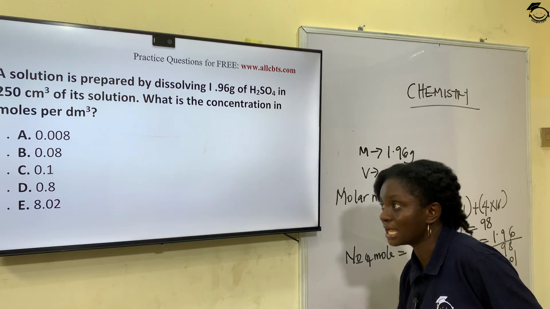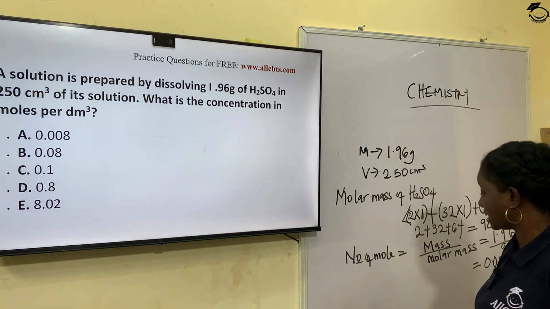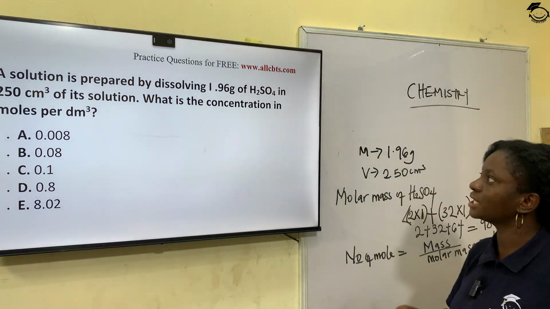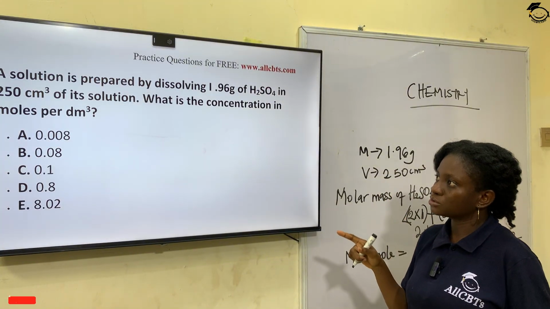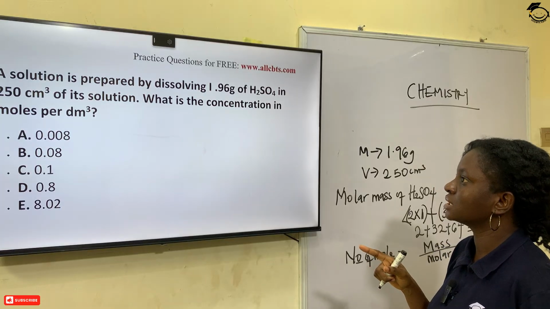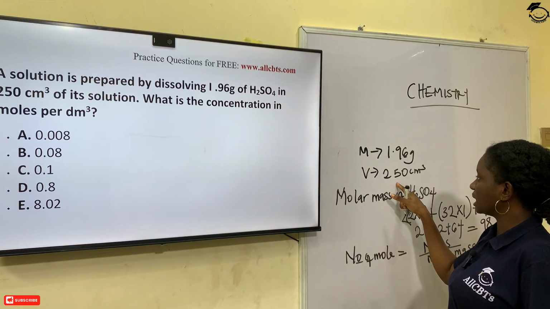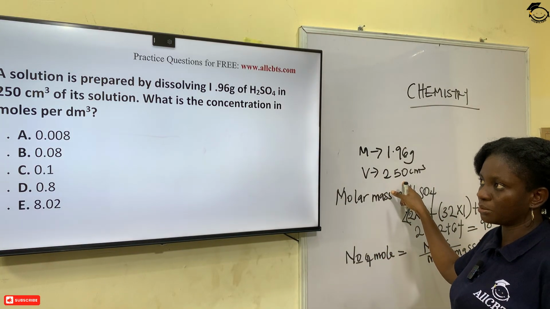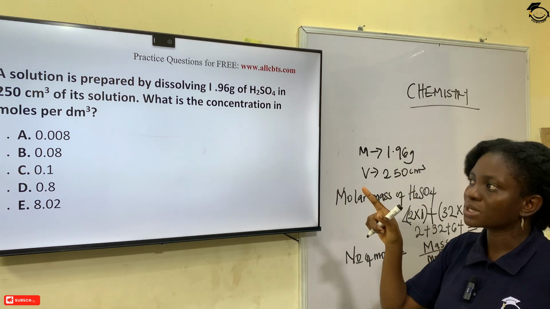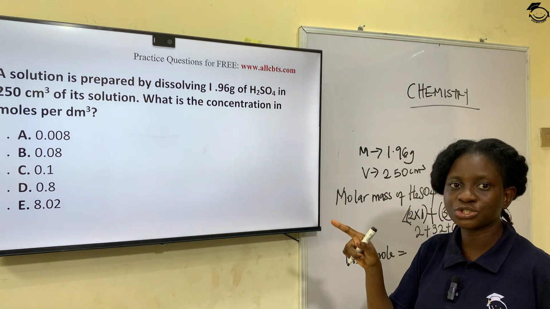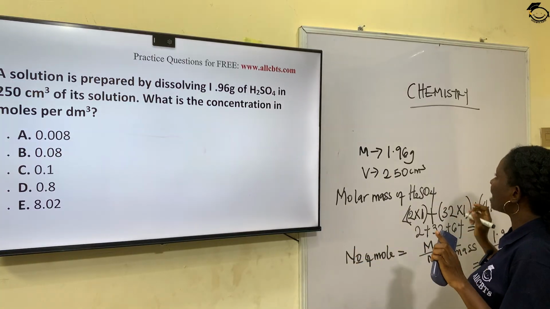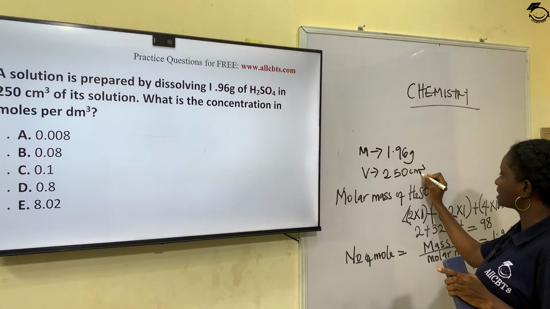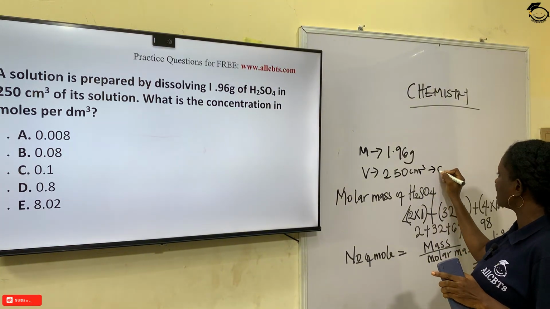So the next step is to calculate the concentration in mole per dm cube. Remember, we're given our volume in centimeter cube, but we need to calculate our concentration in mole per dm cube. That means we have to convert this 250 centimeter cube to dm cube.